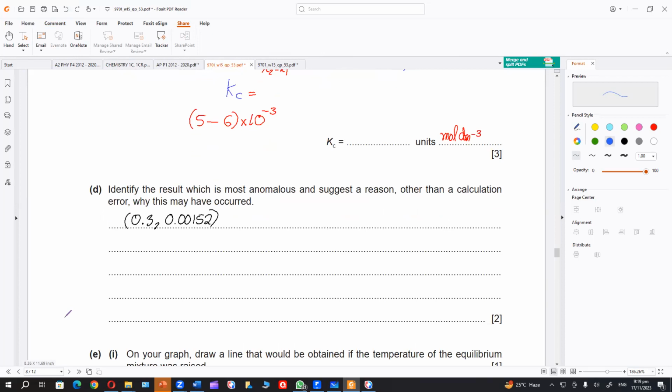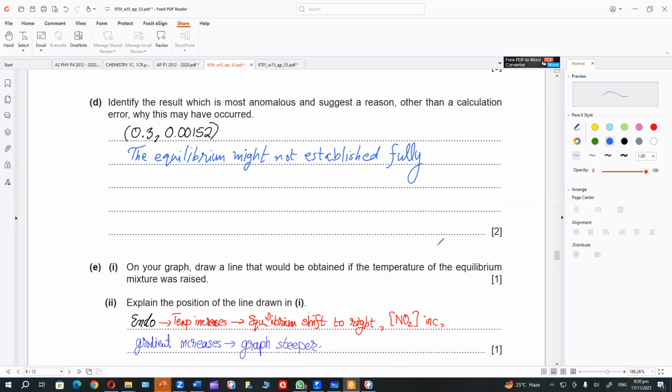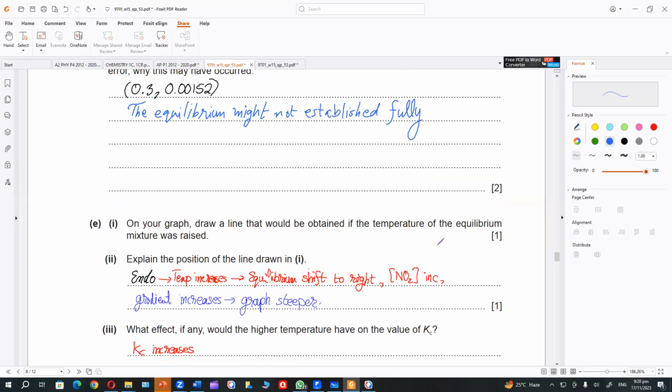Look at this now. So maybe the equilibrium is not established fully.